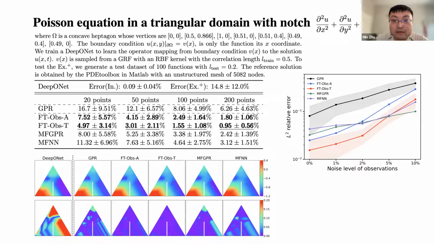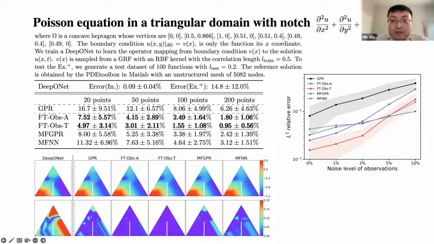Next, to evaluate the performance of our method in unstructured domains, we considered the Poisson equation in a triangular domain with a notch. You can see the shape in the heat map.